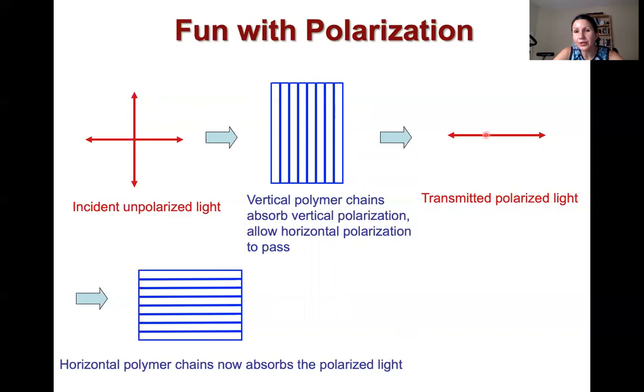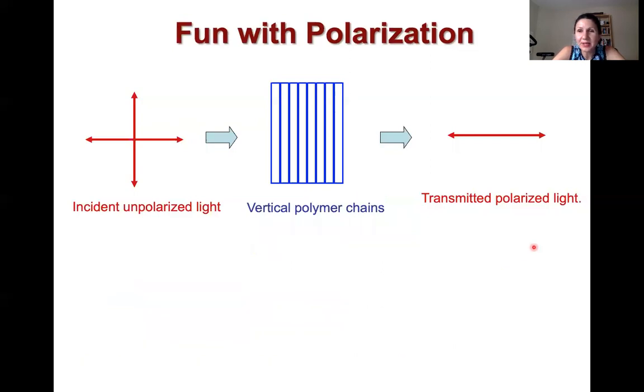Well, there's only horizontal polarization to go through, and that will get absorbed by these polymer chains, so we get no light out. So if you take these two polarizers and make them perpendicular to each other, you get no transmitted light. And this is something that unfortunately you miss out on, because in DL you actually get a bunch of polarizers and you get to play with them at home with a light source.